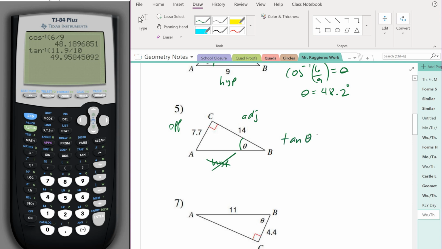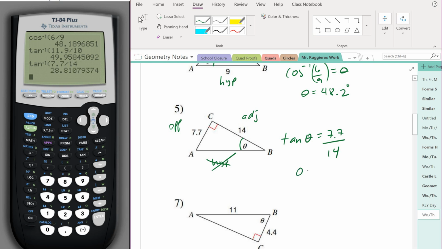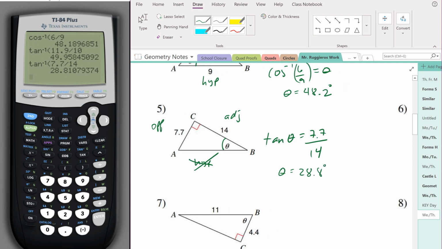The tangent of the angle is equal to the opposite over the adjacent. Second tan, 7.7 divided by 14. So theta would be about 28.8 degrees.